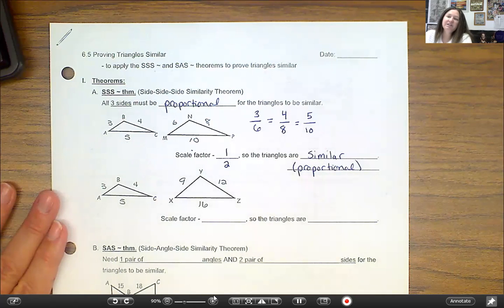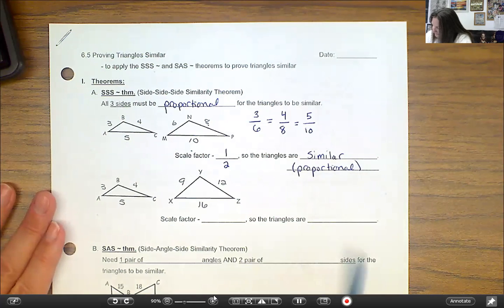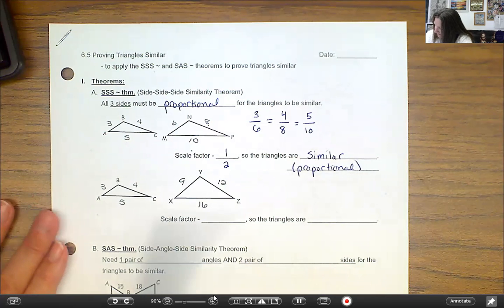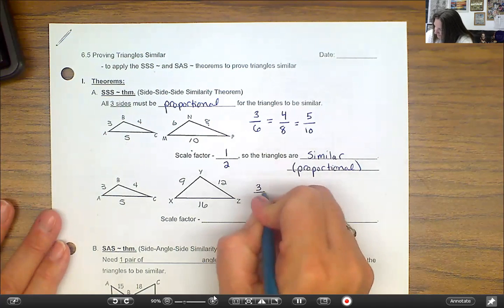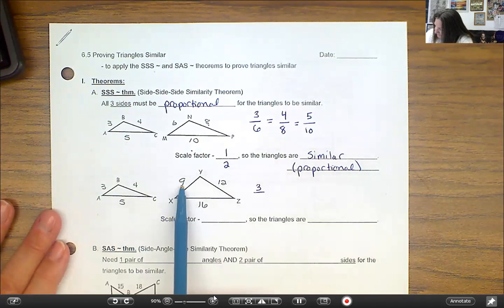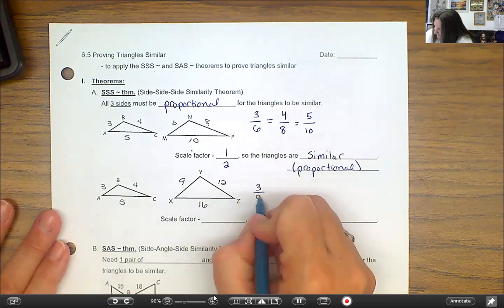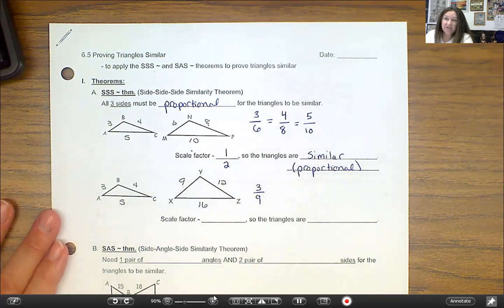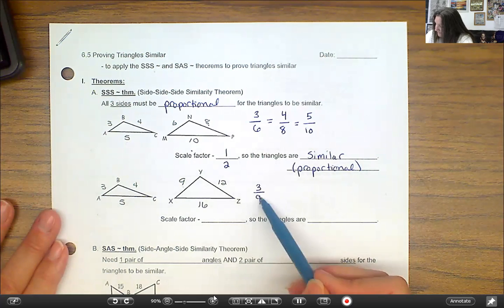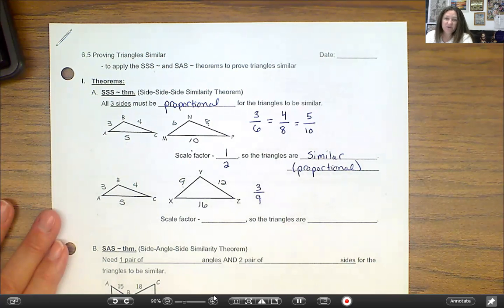Okay, so then if I were to look at this second option, again, the smallest side length on that first one was 3. The smallest side over here is 9. So now if I take a look at this, 3/9 is going to reduce to 1/3.